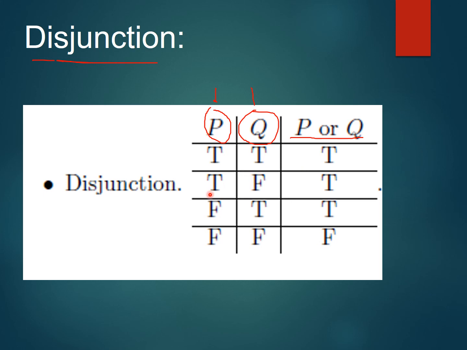Second row, P is true and Q is false, so the answer is true as P is true. In the third row, P is false and Q is true. The answer is true as Q is true. In the last row, the answer is false. Why? Because both P and Q are false, so the answer is false.